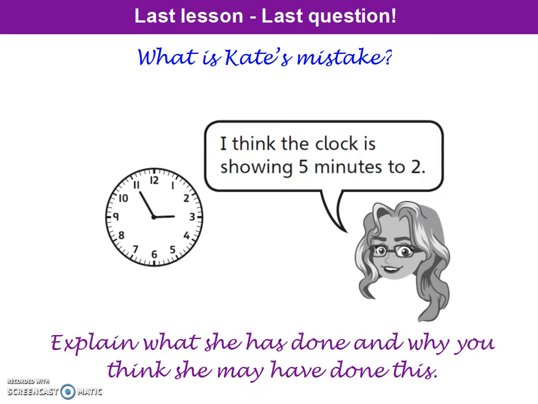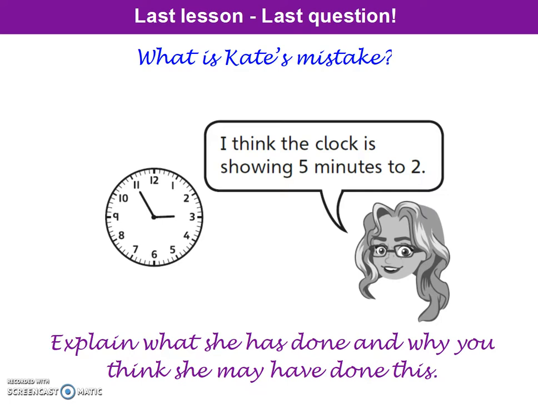So when we're looking at this, we can see that what Kate has made the mistake of is she's using this idea of it's 2 o'clock, with some minutes past, and she's thinking that's 55 minutes past, means 5 to, but she's neglecting to change her hour. So this time shows us 2 hours and 55 minutes, 55 minutes past 2, but if we're using that 5 minutes to, it's 5 minutes to the next hour, which is 3 o'clock.